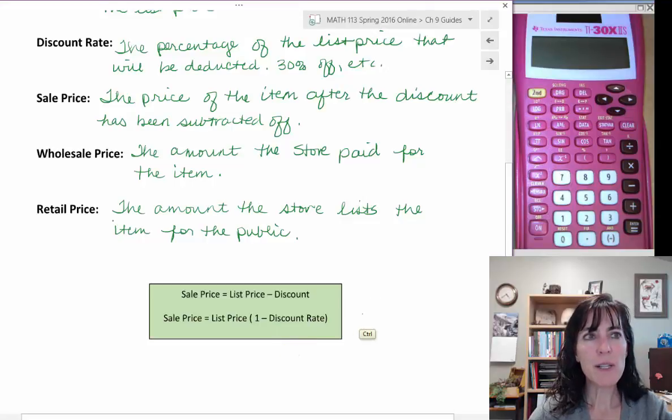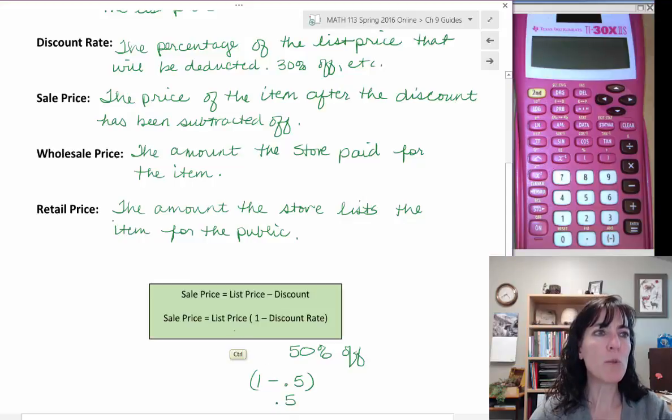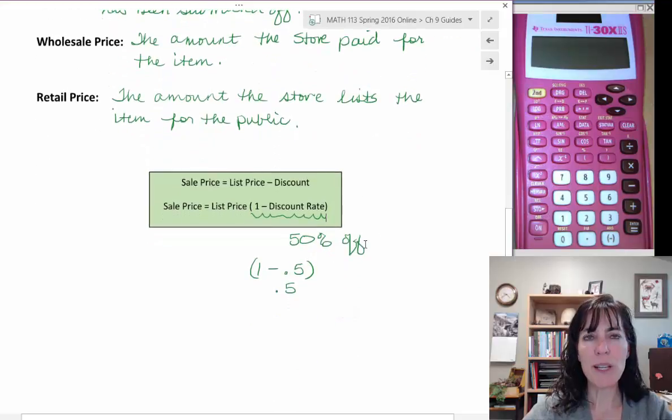so if we have a discount of, say, 50%, then we would take that 1 minus 0.5, because 50% is 0.5, and we would get 0.5 for that, and we're just looking at this part right here. What that tells you is that if you start with 50% off, that's the same as 0.5 on, or 50% on.